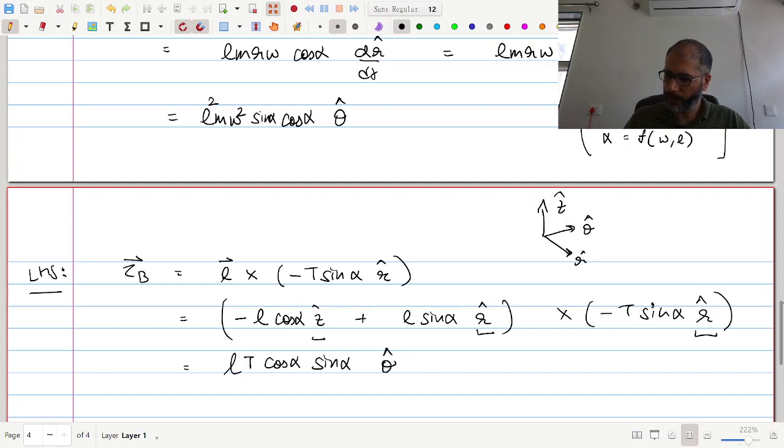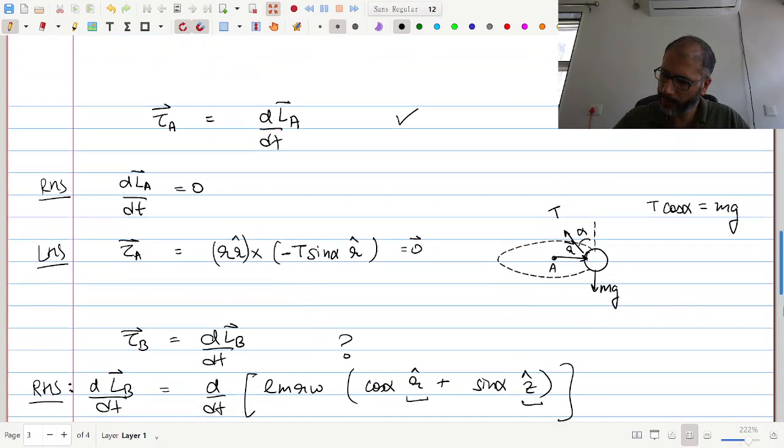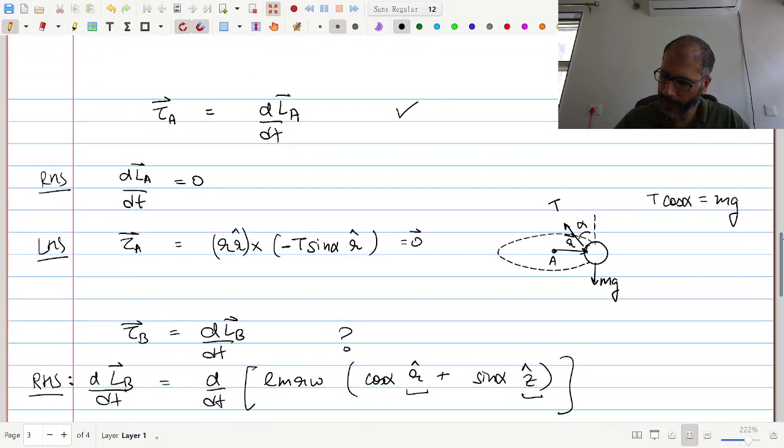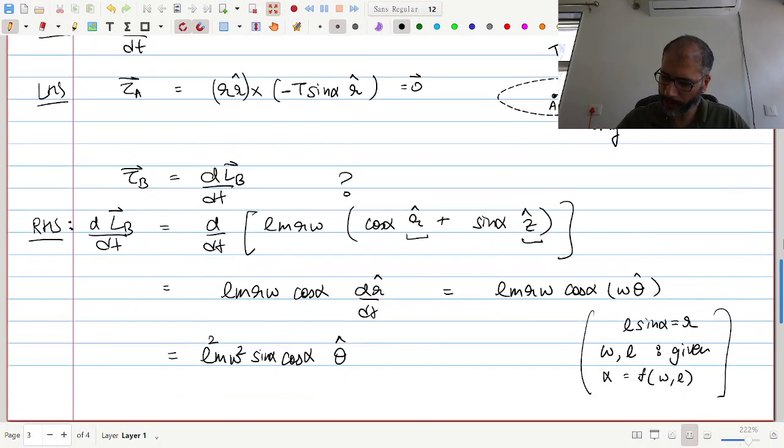Okay, so this is our expression for torque, and since it has a T in it, we'll have to replace T in terms of something else. This can be done because we had T cos alpha equal to mg, so T becomes mg by cos alpha.